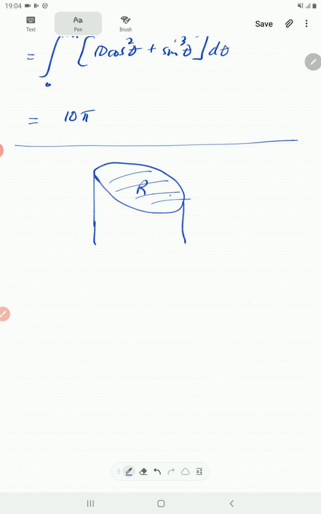So in fact the parameterization for x is going to be r cosine theta, y is going to be r sine theta.